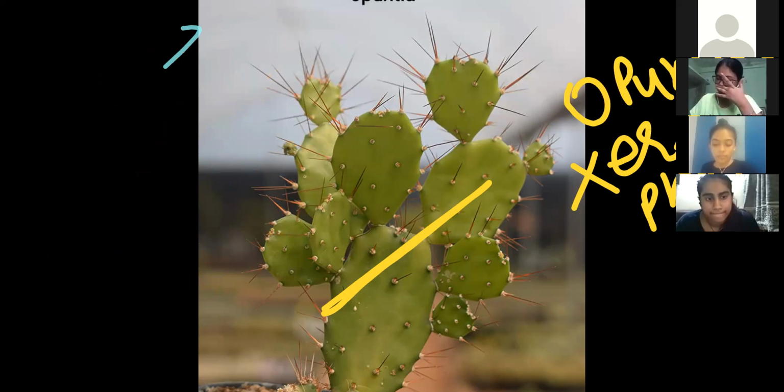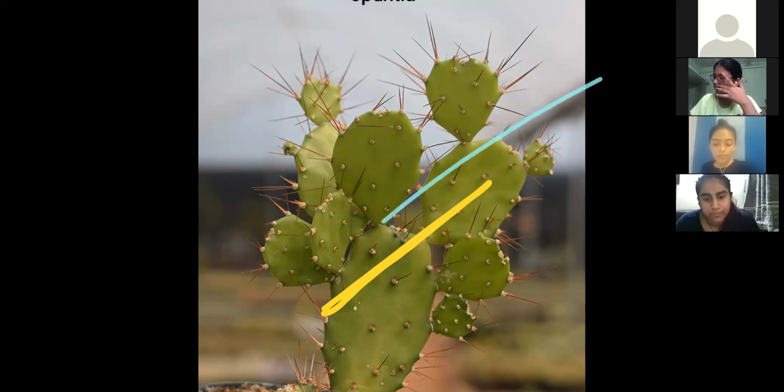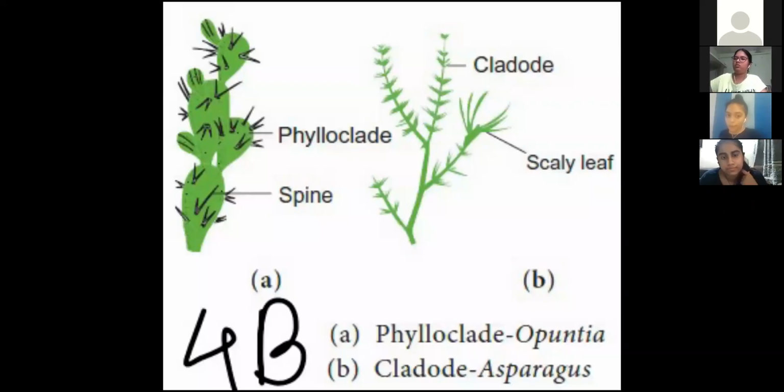Next, one more example other than Opuntia that we call Euphorbia.